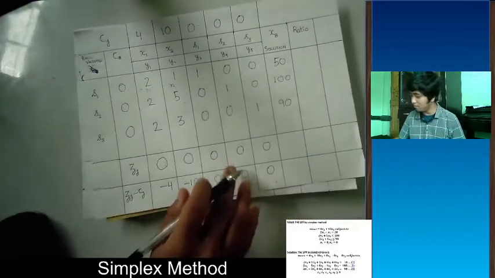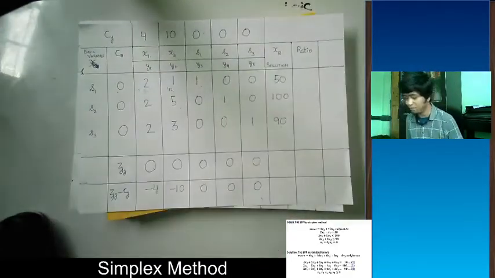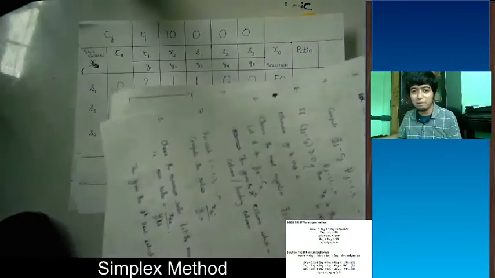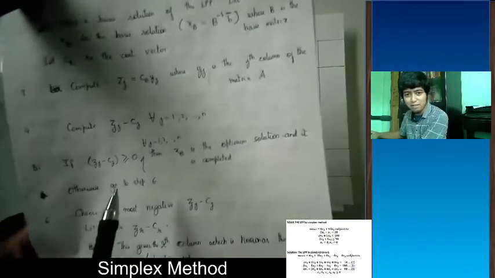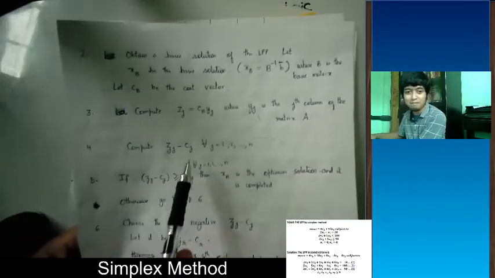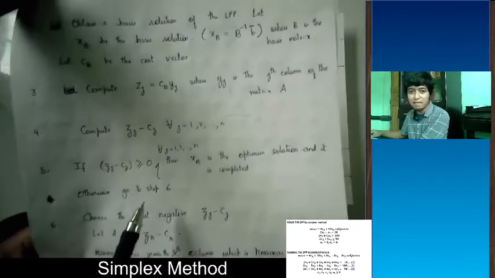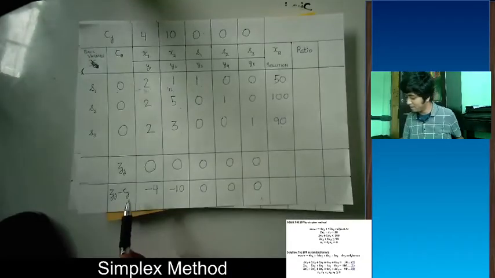So now that we have calculated all of this, now we need to find the ratio. So in which part of the algorithm are we in now? We have finished up to this part, which is compute Zj minus Cj. Now you need to check this optimality condition, which is condition 5: Zj minus Cj.